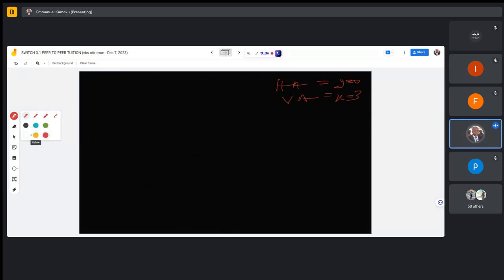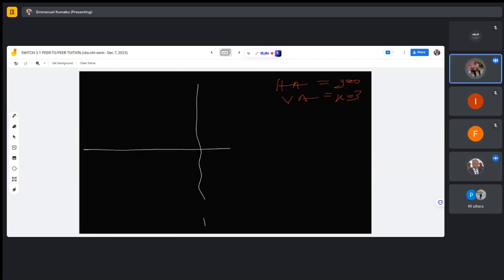The first thing you need to do is to sketch the asymptotes. This is my x-axis, this is my y-axis. The horizontal asymptote y is equal to 0 is still the x-axis, so that one has been drawn. The vertical asymptote s is equal to 3, so you sketch that one.